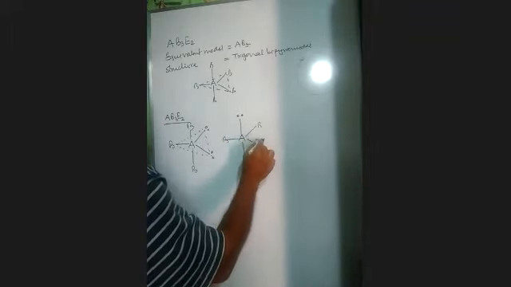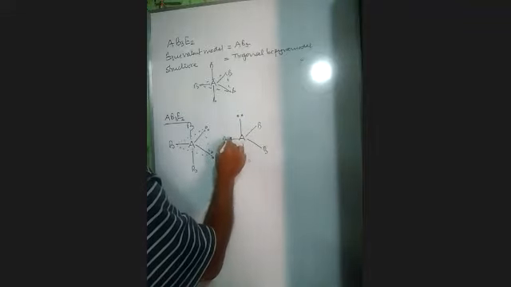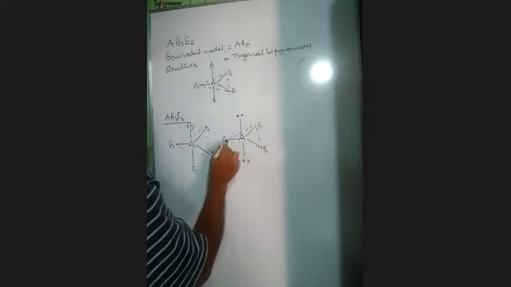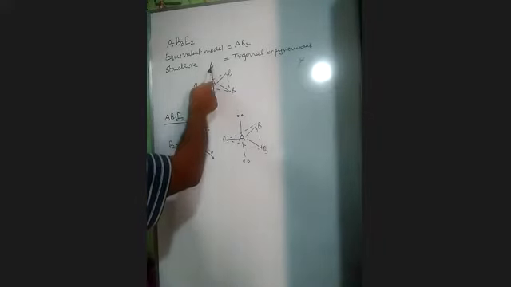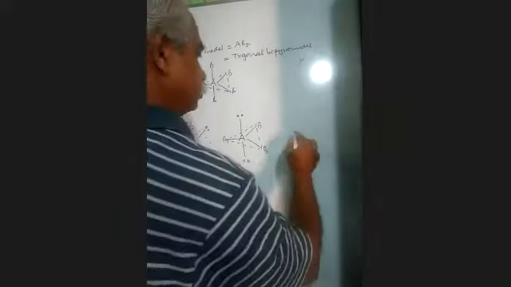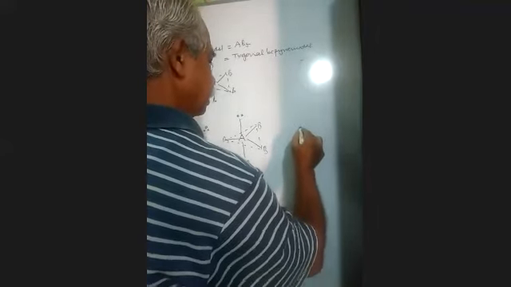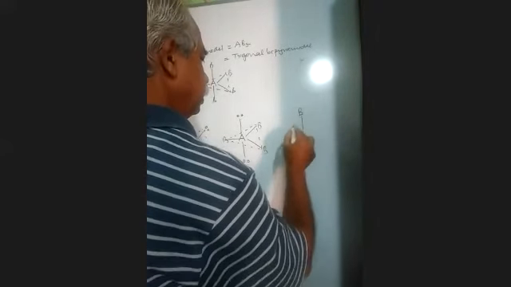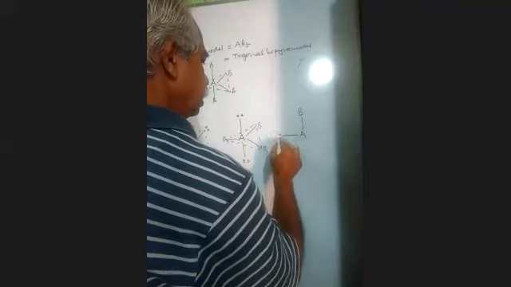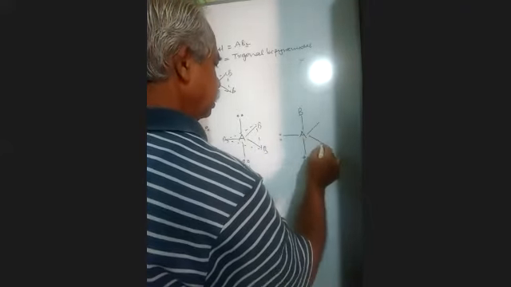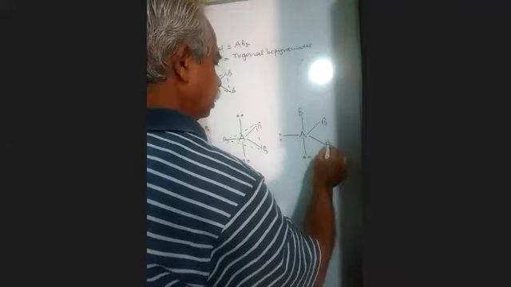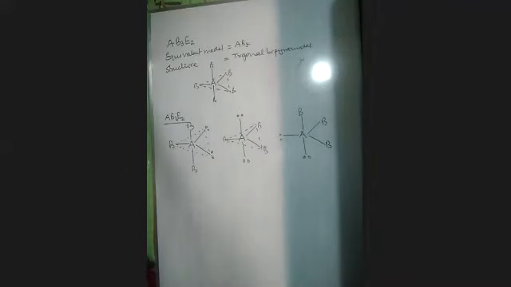Simply a triangle. These are not there, you can't see them. It looks like a triangle. Then what can I remove? I can remove one from the axis and one from the equator. So I'll write like this. This is from the axis. So I have three structures.